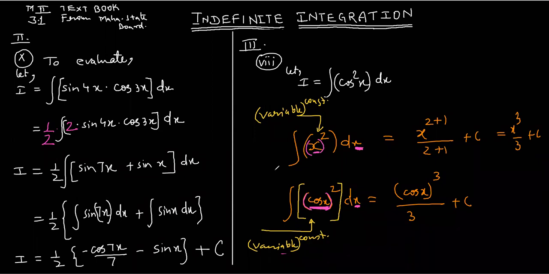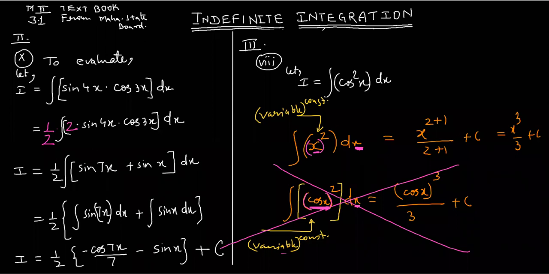Not matching, so not allowed. Every single time you will name the function, and if the variable you got matches with respect to x, then only you can apply the result. Otherwise not.